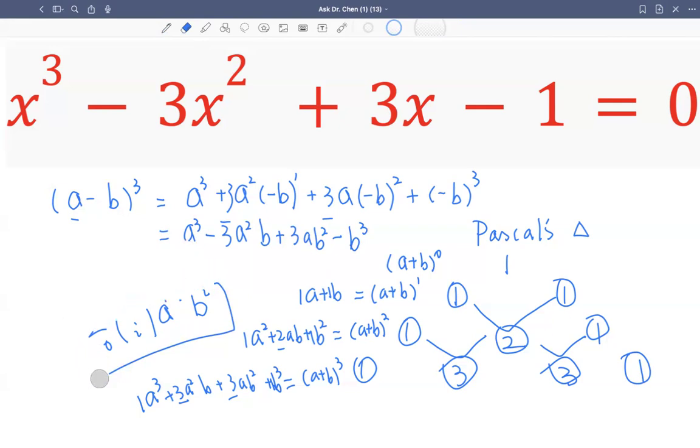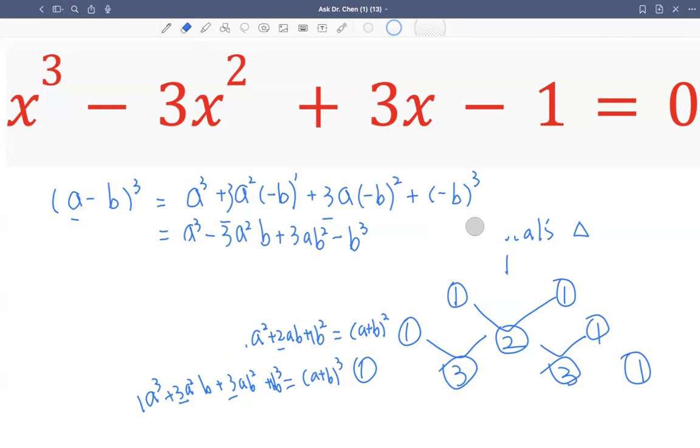For this given problem, our a is x, and b equals, actually not negative 1, b is 1, because I didn't use plus, I used minus here, a minus b.